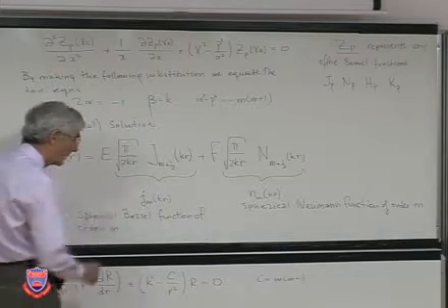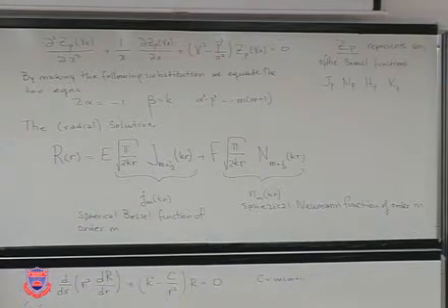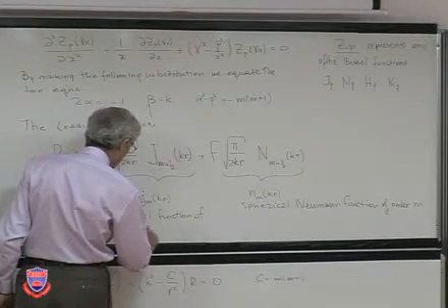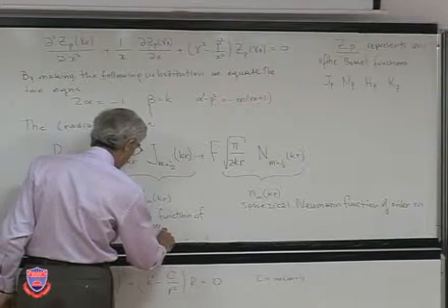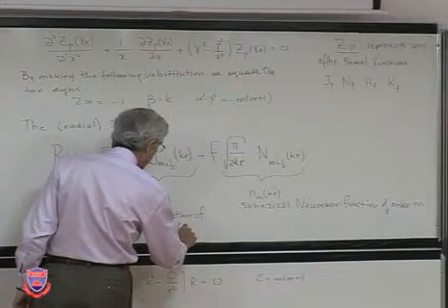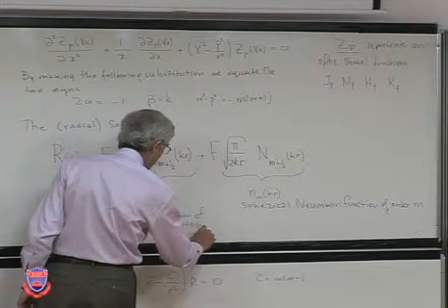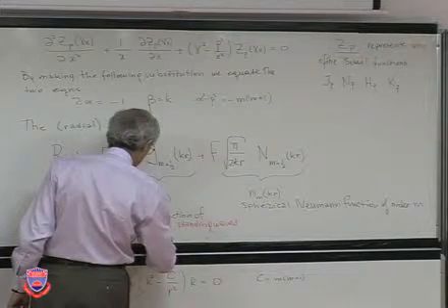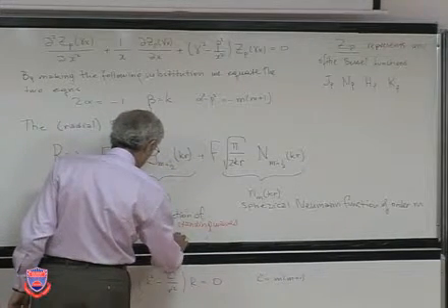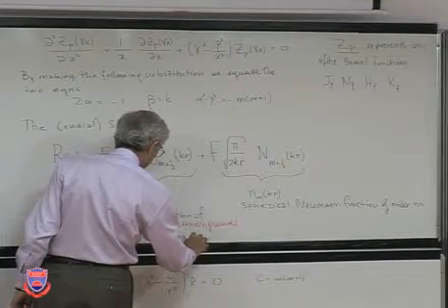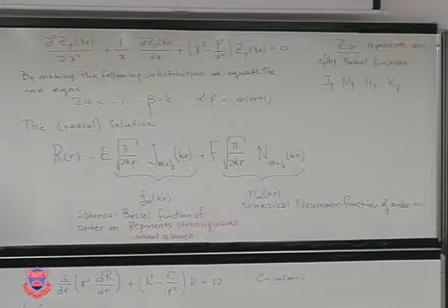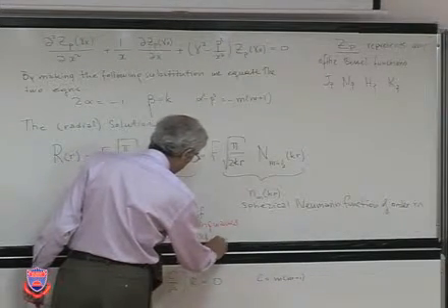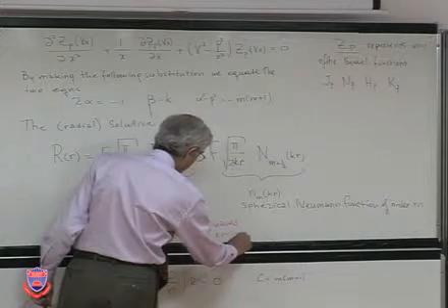Now, this one represents standing waves without a source at kr equals 0, at the origin.